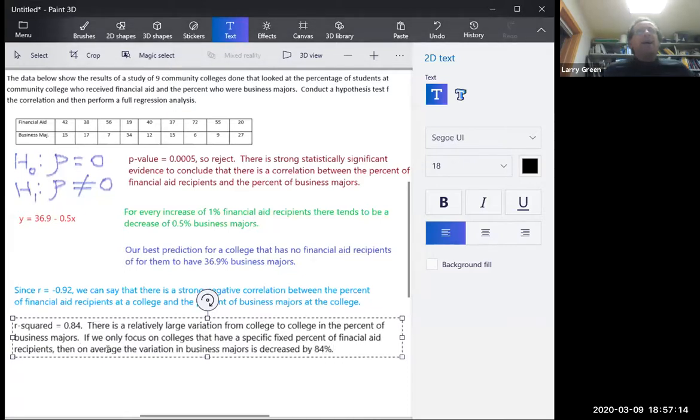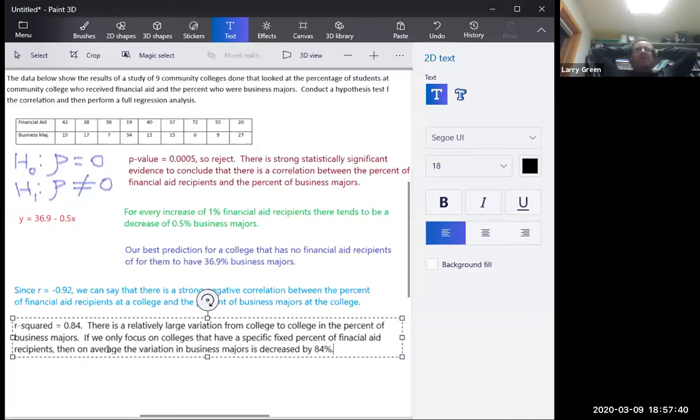So I want you to read that, because this is, again, the hardest part of the whole chapter, this R squared. You can see we got a college with 6% business majors, a college with 34%, a college with 15%.